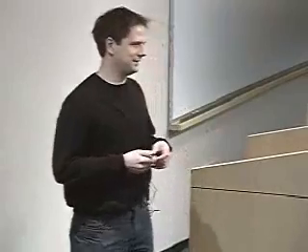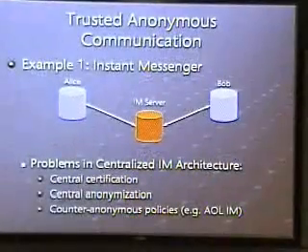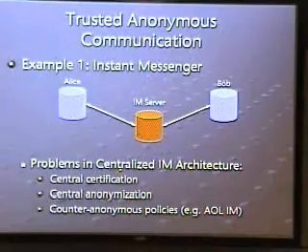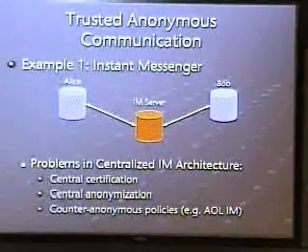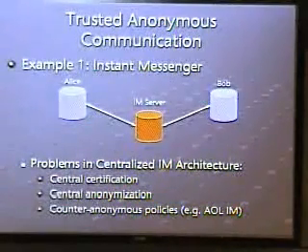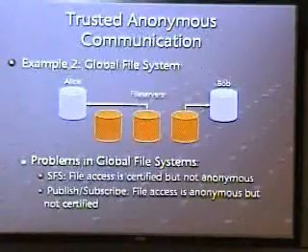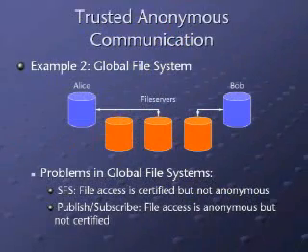If you look at AOL Instant Messenger, they explicitly say they can record any messages that go through, and nobody can control what they want to reveal or not. So there's central certification and central anonymization, and we want to distribute this, because now we have this nice infrastructure with a structured overlay. But how are we going to do this? That's what I'm going to explain.